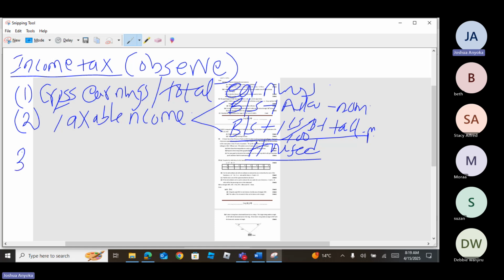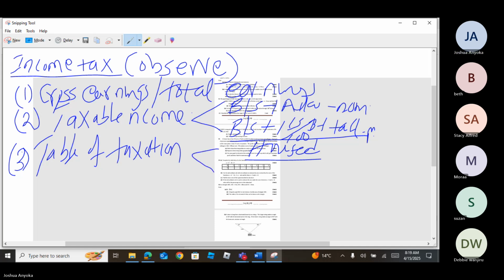Number three, we must check on the table of taxation. The table of taxation tells you in which currency you are going to leave your money, whether it is in Kenya shillings or Kenya pounds.